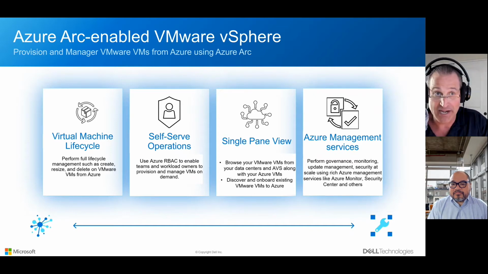We have some clients right now that are truly doing hybrid: machines on premises with vCenter on ESXi hosts, but they also have machines in Azure. They need a consistent experience, a consistent way to not only deploy, but to manage and keep up to date. That's the Azure management services. That is really awesome to bring everything together. And you'll see that here at the very end. We'll jump in and show a quick demo, live and in person from one of my labs.